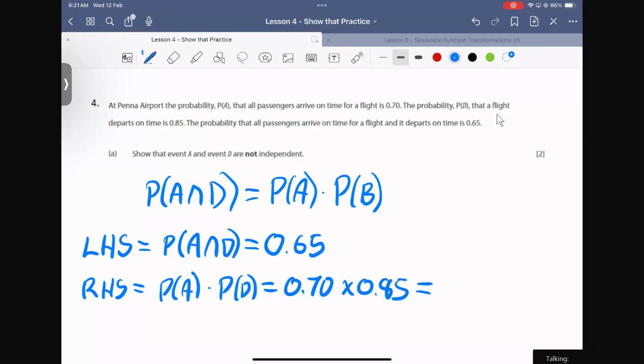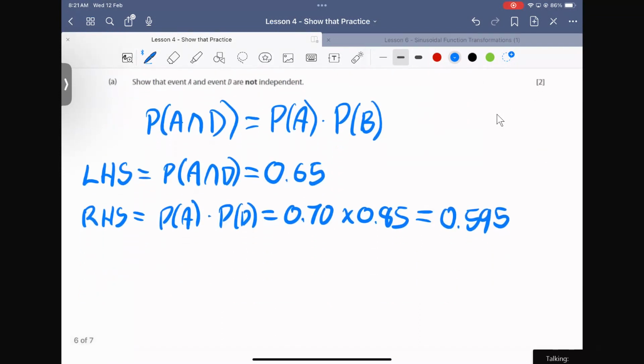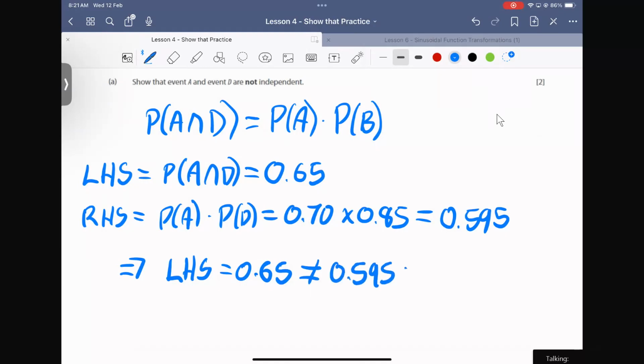Putting that into our calculator, we get 0.595. So then we want to compare the left-hand side to the right-hand side. This implies that the left-hand side equals 0.65, which doesn't equal 0.595, which is the right-hand side.